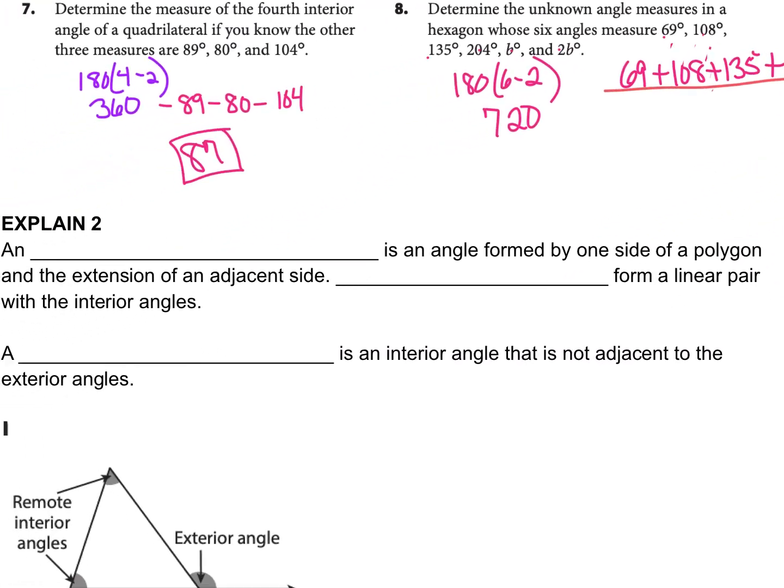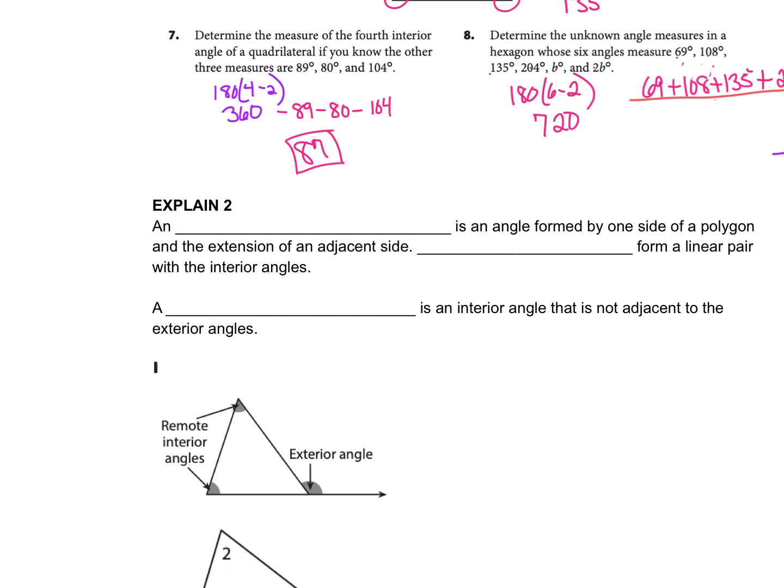Let's see, what's going on here? So now we have an exterior angle, which is an angle formed by one side of the polygon and an extension of the adjacent side.